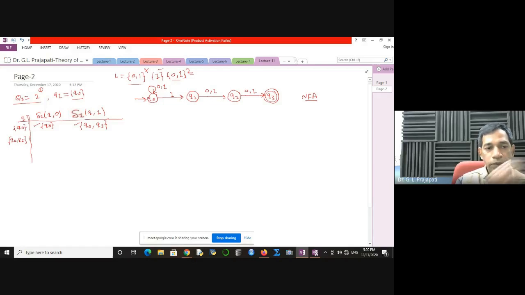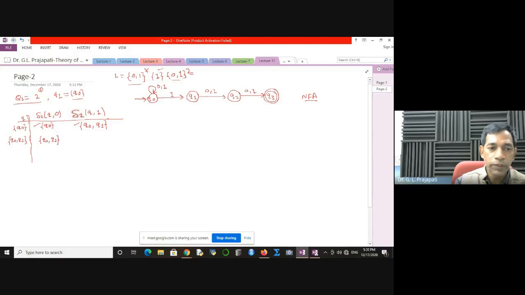From Q0, if you have the input 0, you are going to Q0. If you are at Q1 and input is 0, you are going to the state Q2. Hence, from the state Q0, Q1, given the input 0, your machine can go to Q0, Q2.